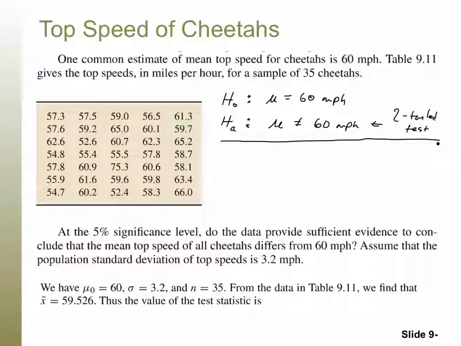And one of them is that it turns out to be less than 60 miles per hour, and that means cheetahs run slower than that. Okay, but those aren't the two possible conclusions from the test. That's true, but there's two possible conclusions we're going to get from the test. So, that we accept the value that is 60 miles per hour, or that it's less than or greater than 60. Okay, so are the possibilities from the test that we accept the null hypothesis or reject the null hypothesis? Are those the possibilities?